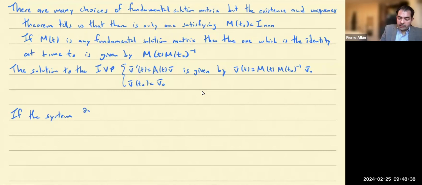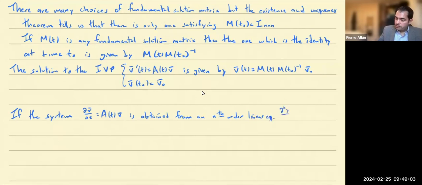If the system that you're looking at, dv/dt equals A of t v, is obtained from an nth order linear equation, right?